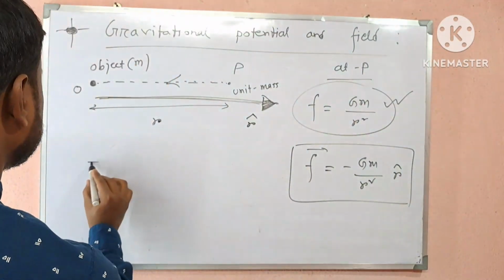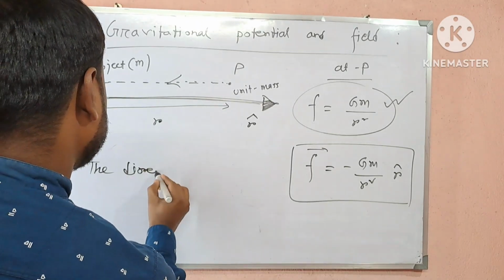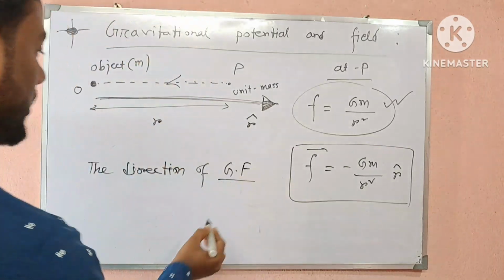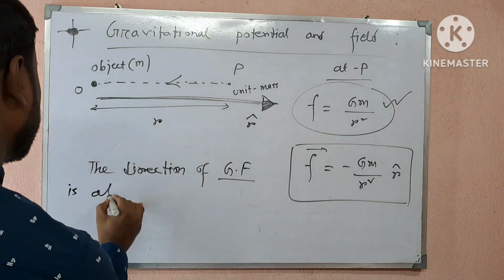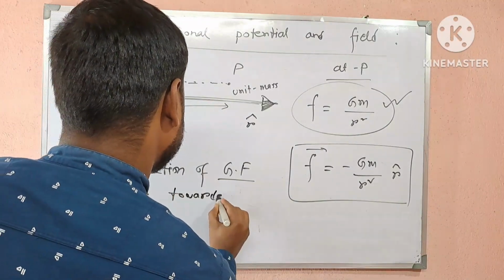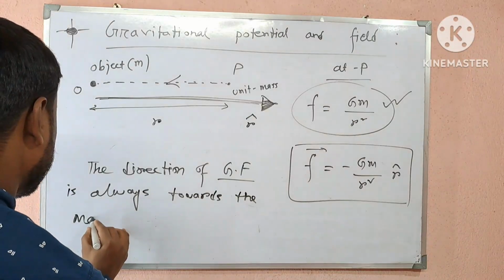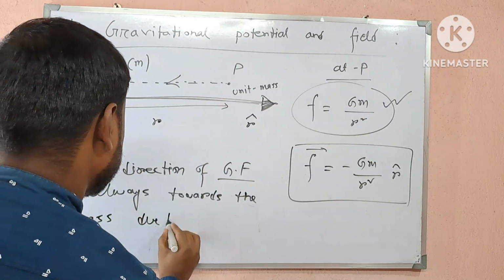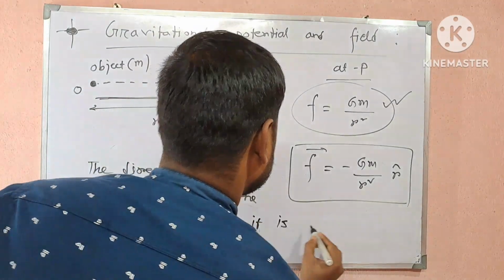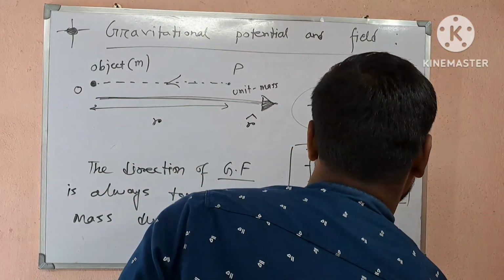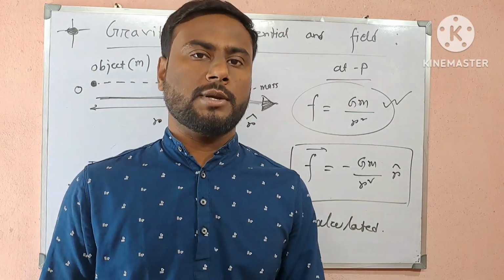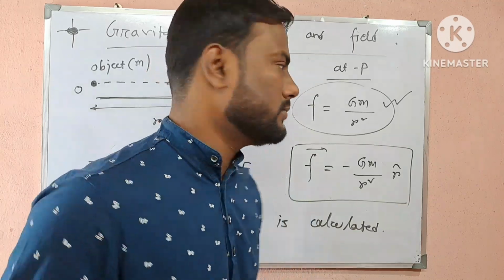The direction of gravitational field is always towards the mass due to which it is calculated. Now we will see a few numericals on the basis of gravitational field and gravitational potential. Then things will be more clear for you.